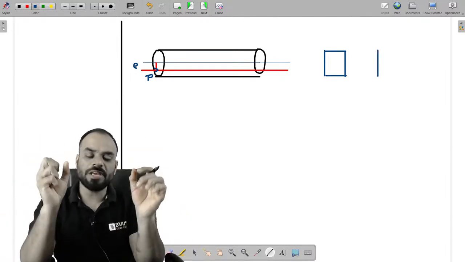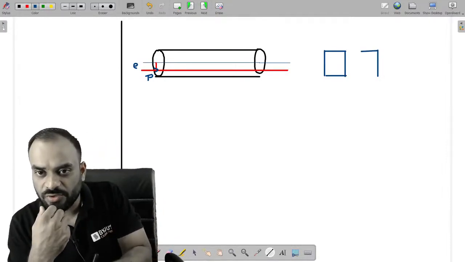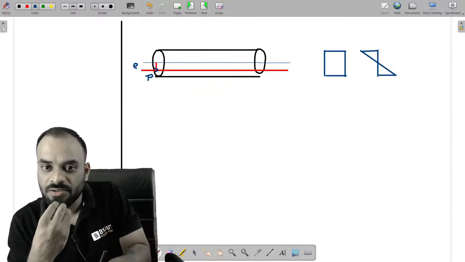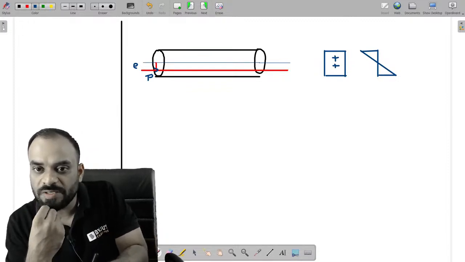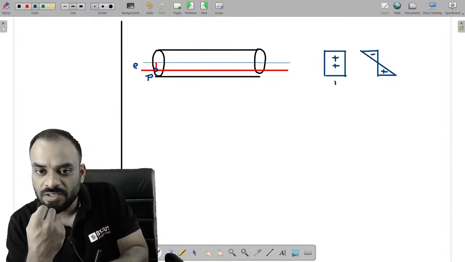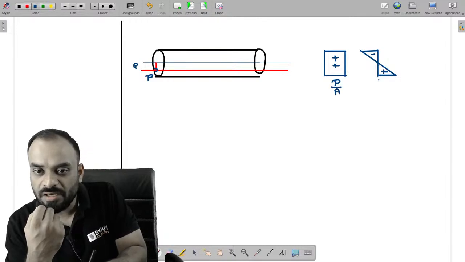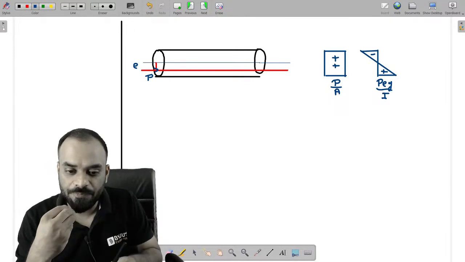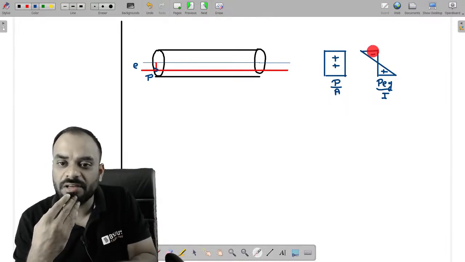At the top you may have bending tension, so that's why, guys, the diagram should be like this, and at the bottom it should be bending compression. So this value is P by A and this is PEY by I. But we know that, guys, on the top area we are having a negative value.